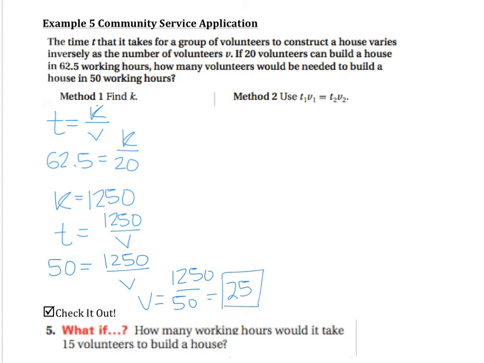Using the other method, which is multiplication, we know it takes 62.5 hours for 20 volunteers. How many volunteers if I want to reduce it to just 50?